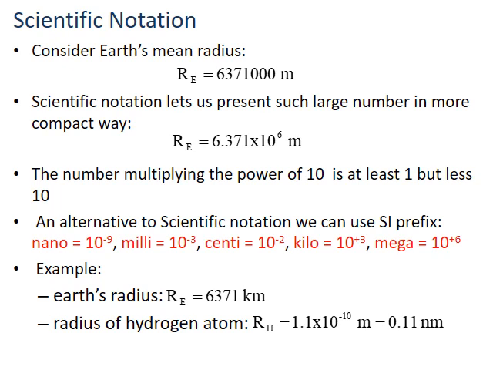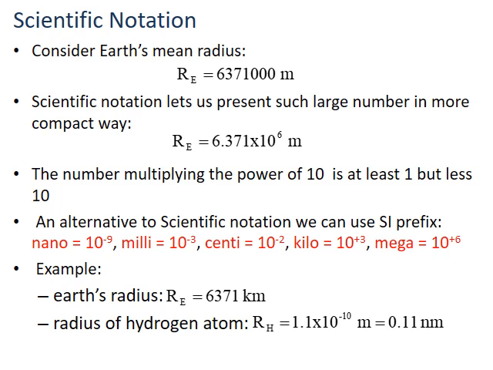The other way to write numbers is to use what we call the SI prefix. It's the thing that I add before the unit that is just a multiplier of 10. For example, nano is 10 to the negative 9, milli is 10 to the negative 3, centi is 10 to the negative 2, kilo is 10 to the power 3, mega is 10 to the power 6.